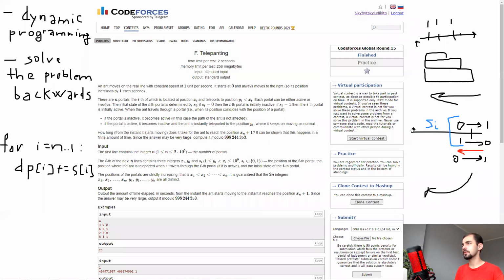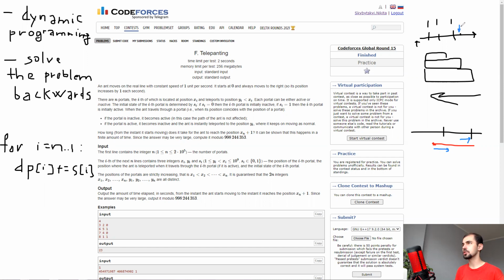And interesting things happen. So let's consider this portal and this portal. We come here, we get teleported back, then we walk through here again. Will this operation use this portal or not? Initially it may seem like we can't tell, but remember our lemma.